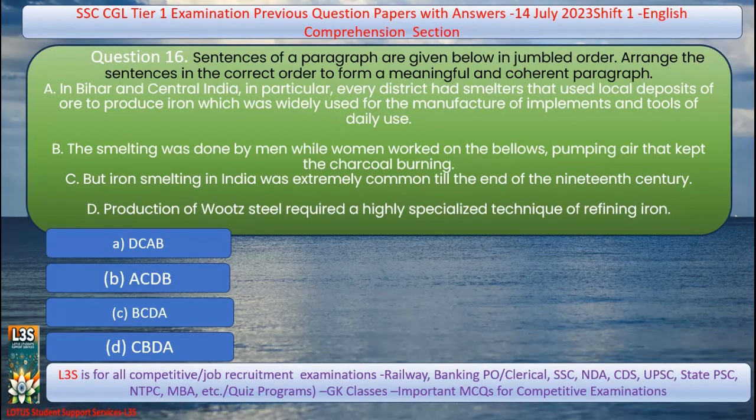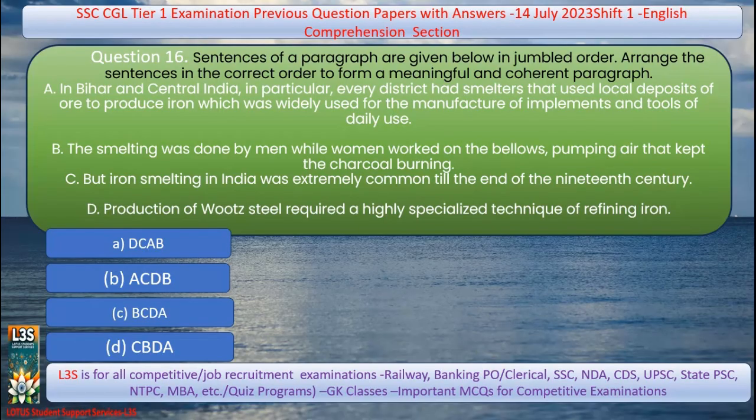In Bihar and central India in particular, every district had smelters that used local deposit of ore to produce iron, which was widely used for the manufacture of implements and tools of daily use.